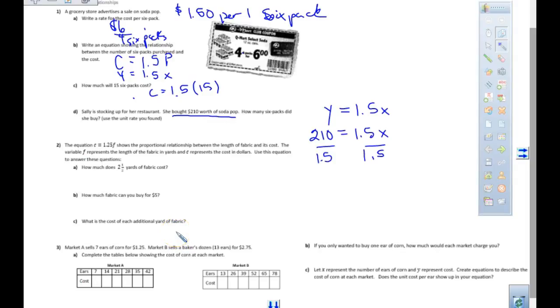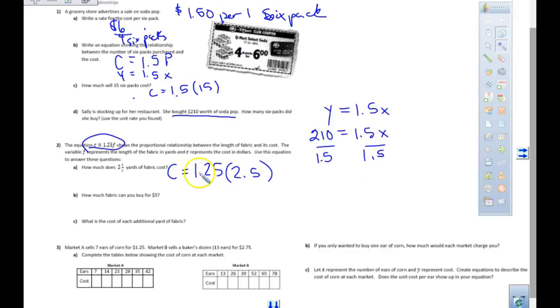No. Wait, so on question 2A, when you did like 1.25 times 2.5, because we had this equation, right? It equaled like 3.12 or something. Yeah, 3.125. So how do I know when I'm done? So we're talking about money, right? So we want to go to the nearest cent.